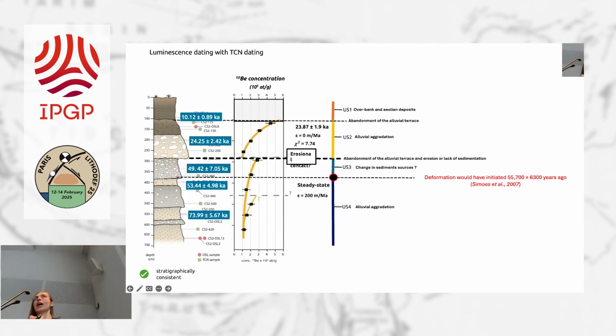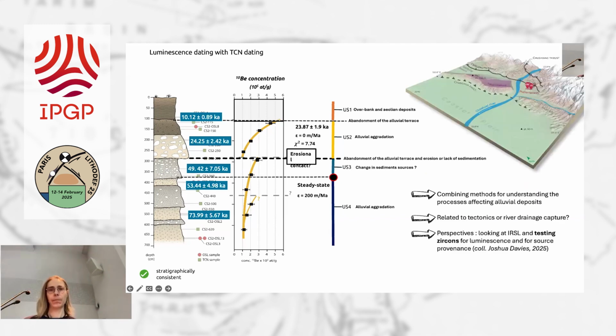It goes very well with what Martin proposed in 2007, that the start of the growing of this fold was around 55,000 years. So I think combining all the dating methods is very powerful because we learn something more about what is going on with the sediments. What is the history of the sediments in the river?